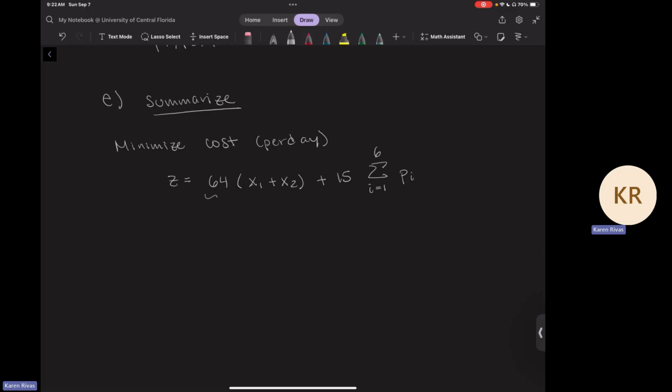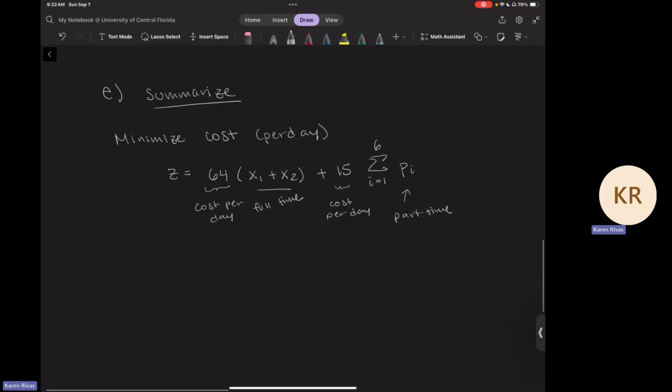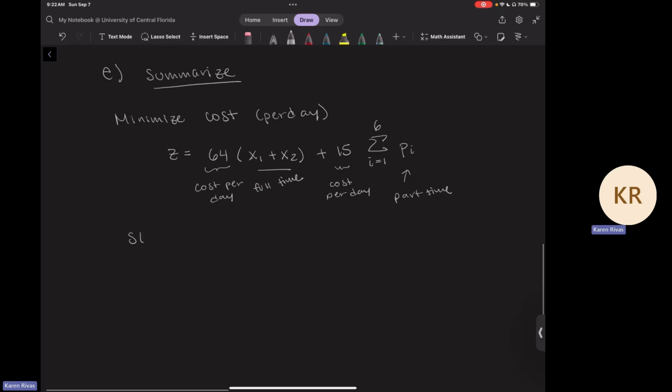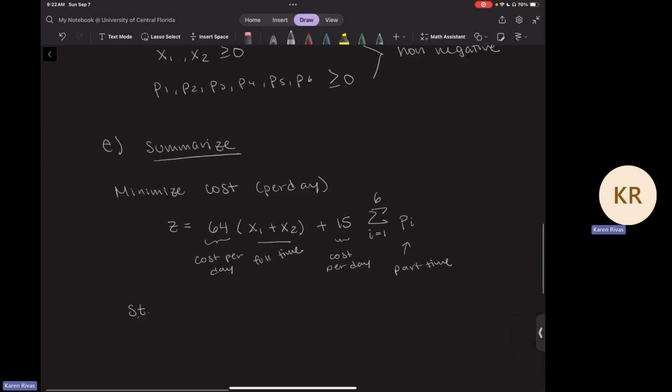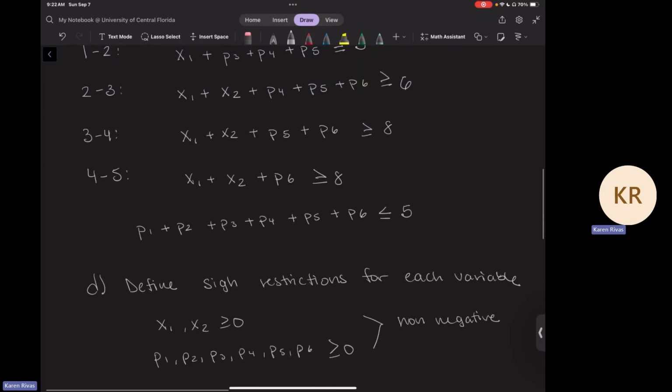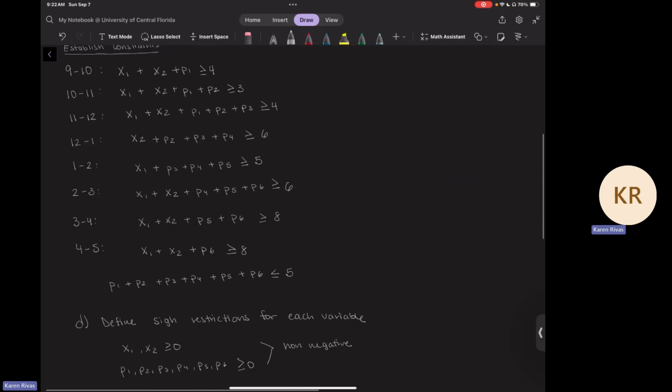And this is the total cost per day for your full-time employees, and then cost per day for your part-time employees. All right, and then such that, and then within here, we're going to add all of those constraint equations from up top.